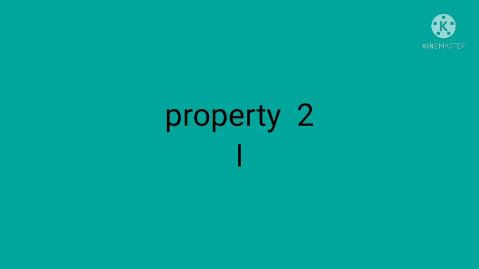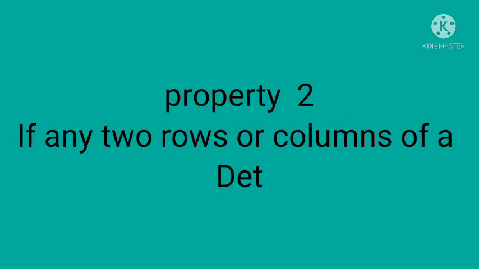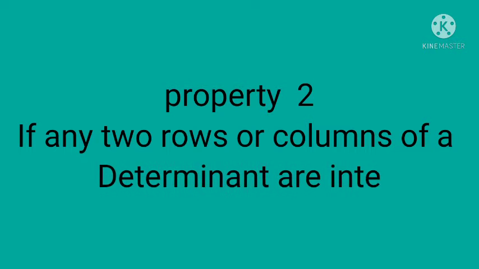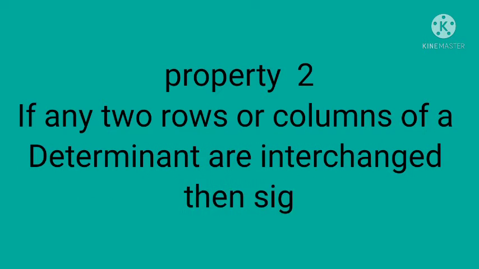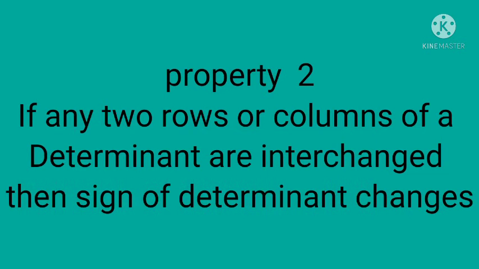Property number 2. If any two rows or columns of a determinant are interchanged, then the sign of the determinant changes. This is property number 2. That means if we interchange any two rows of a determinant, then the sign changes.